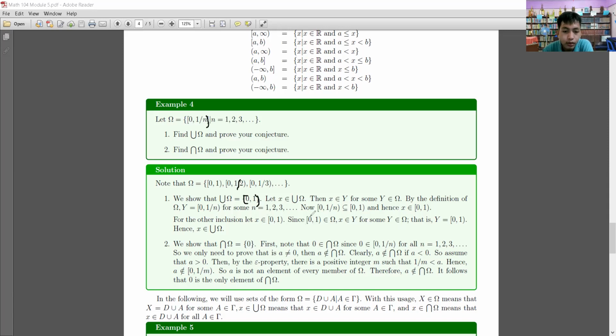Since that interval is in omega, x is in y for some y in omega, that is, y equals the interval from 0 to 1. Hence, x is in the union of omega. So we basically reversed what we did earlier.